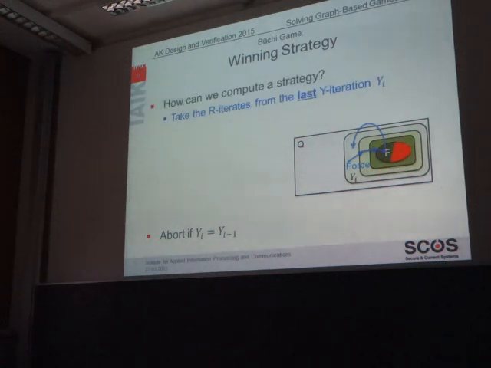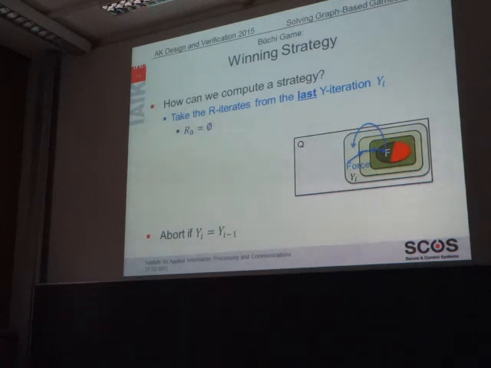So written down formally, what we do is we completely throw away all the results except for the very last iteration of this greatest fixed point in Y, because only in this very last iteration this thing holds here.